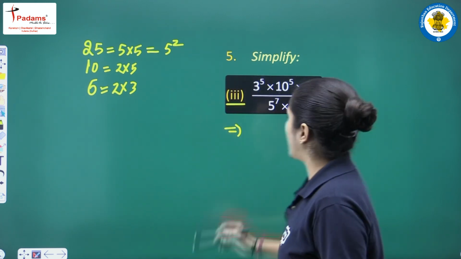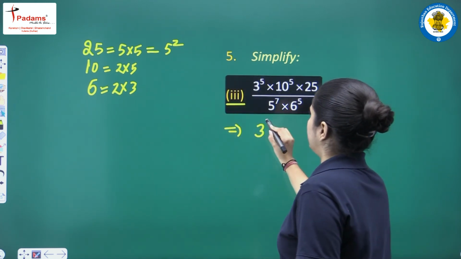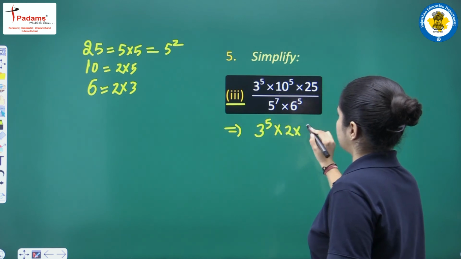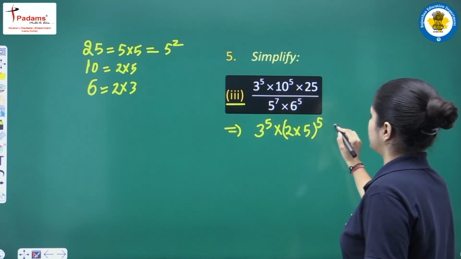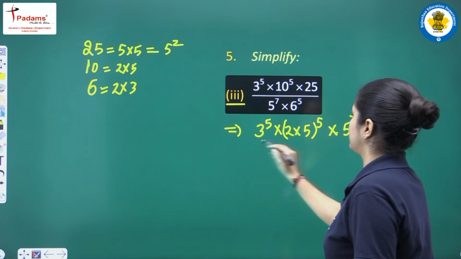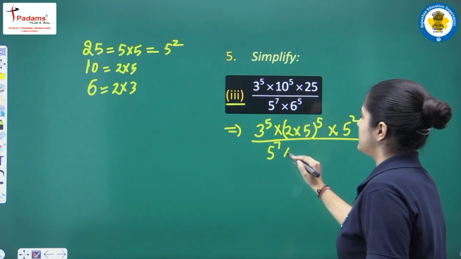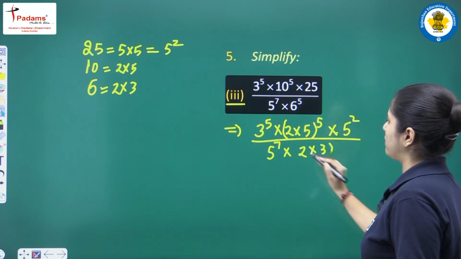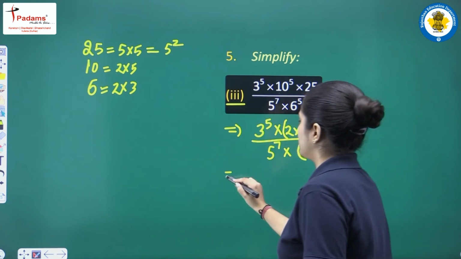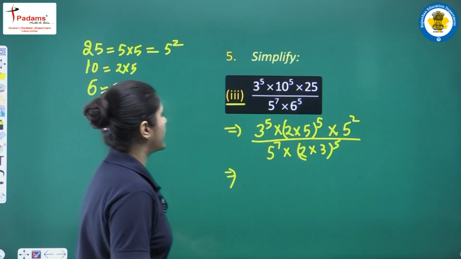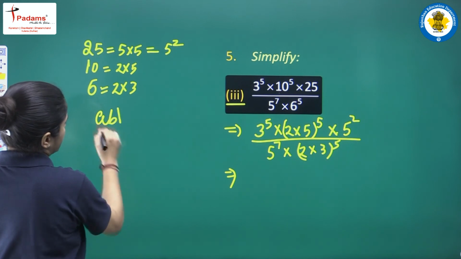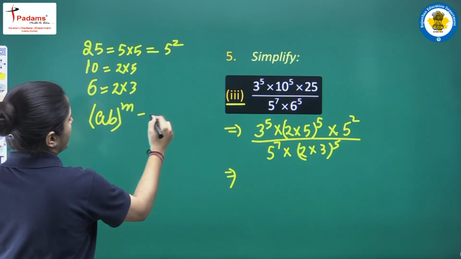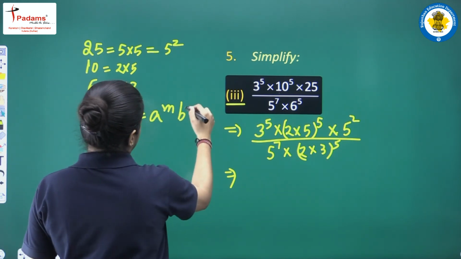Am I right? तो यहाँ पे हम ये पुट करेंगे. फाइव को एज इट इज रखा, 6 की जगह पे हमने (2 into 3) raised to power 5 लिखा. राइट स्टूडेंट्स? अब हमें पता है कि अगर यहाँ पे ab की कोई भी पावर दे रखी हो तो हम इसको सेपरेट कर सकते हैं. राइट?